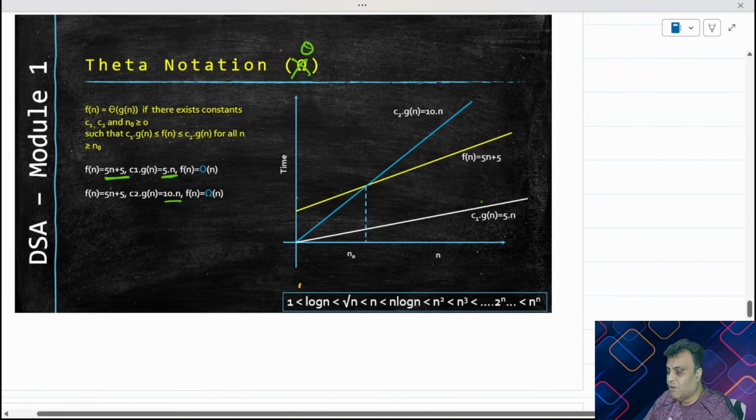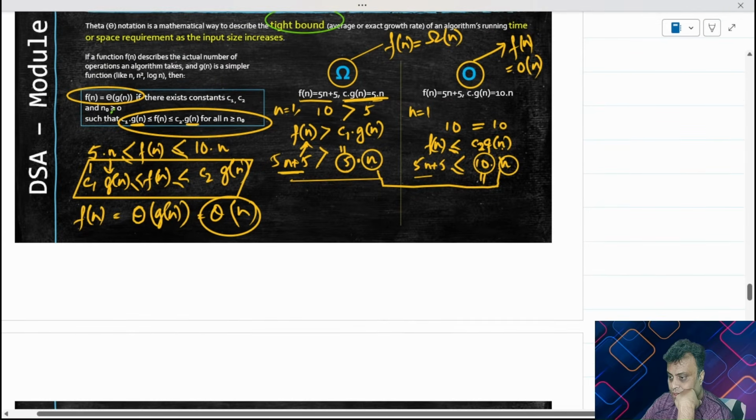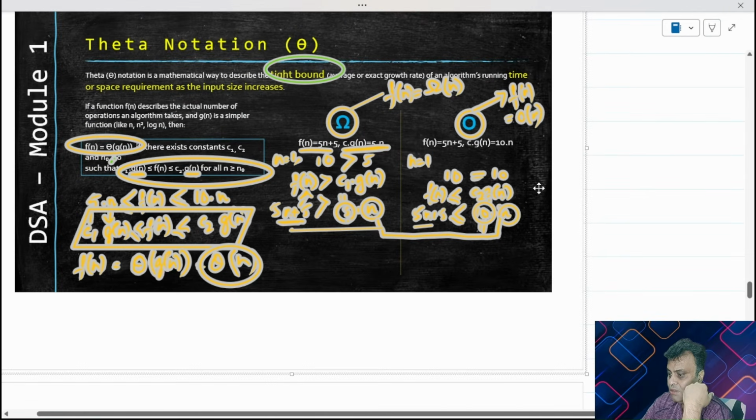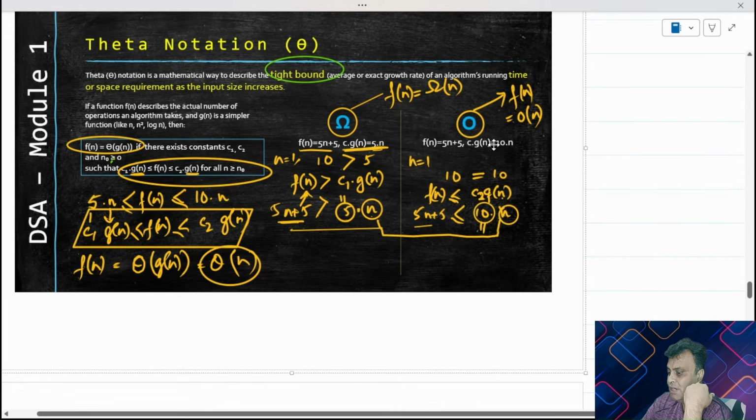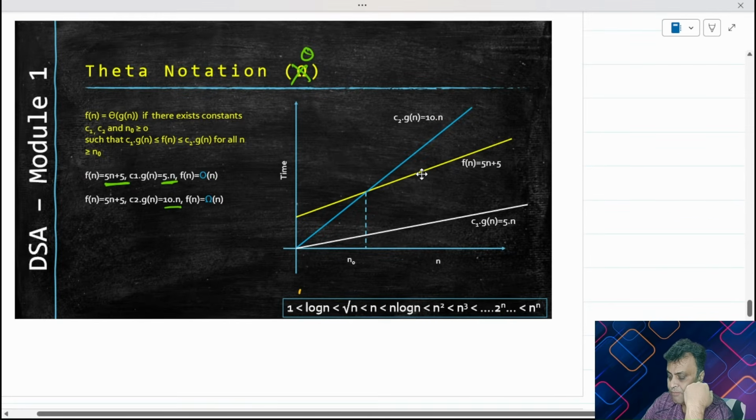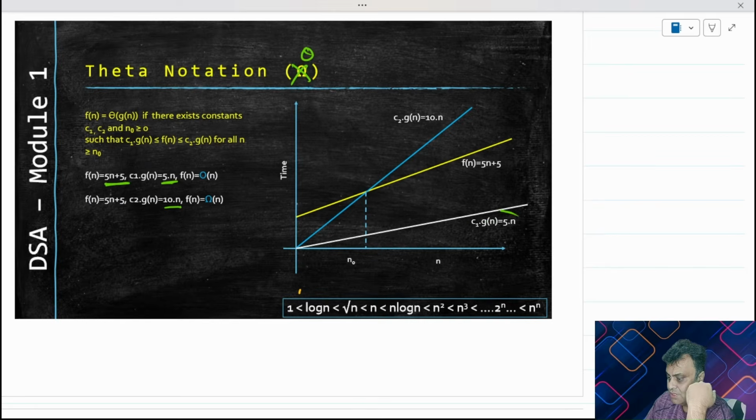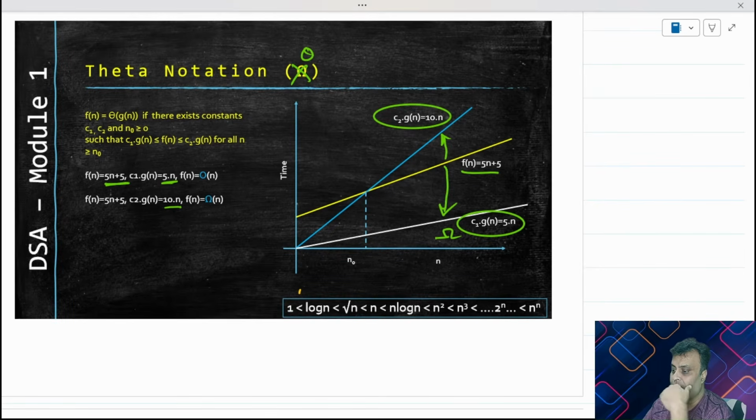So what we can see now is that the big O was 10n, or for the big O, C Gn was 10n, and for the omega, C Gn was 5n, right? So here we have 5n, so of course this is the lower bound to this function, so this is representing your omega, and this is above this function, and hence it represents your big O, right?